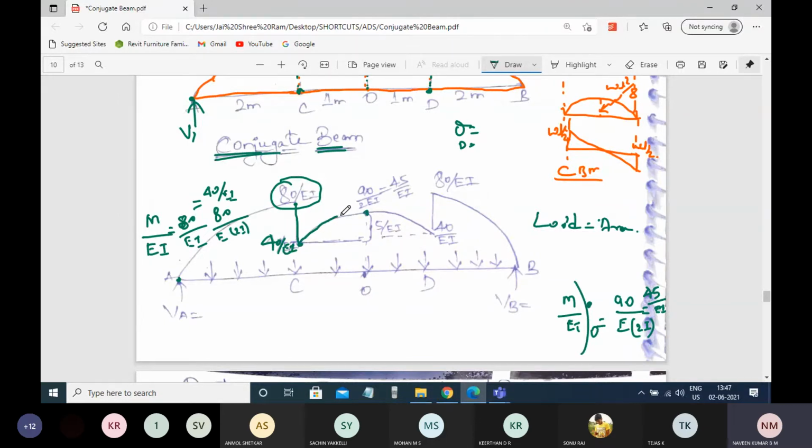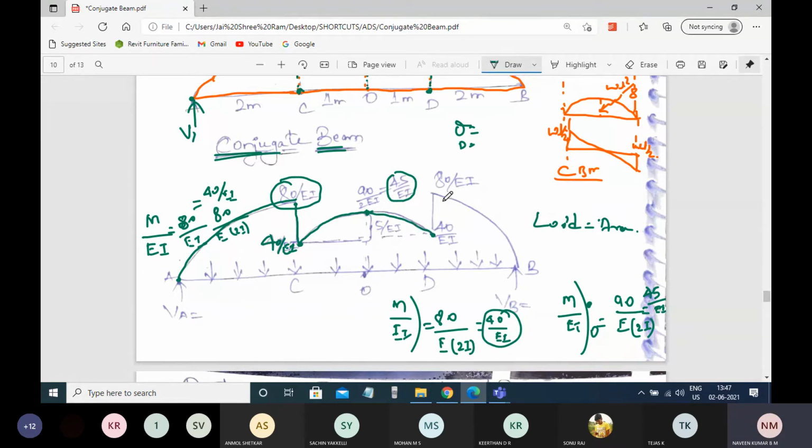Because of the UDL, it is parabolically varying. Next, go to point D. At point D the maximum moment is 80, divided by E and 2 times I, so 40 by EI.